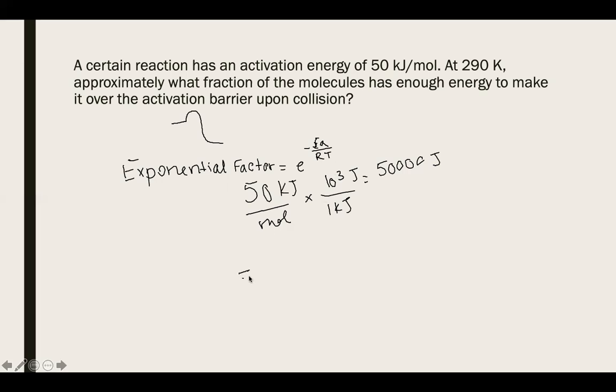And so your exponential factor is going to equal e raised to the negative 50,000 joules per mole, divided by 8.314 joules times 290 Kelvin.